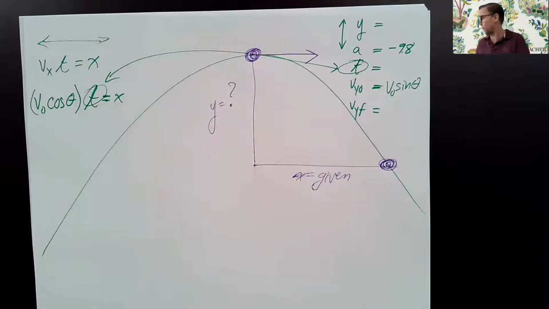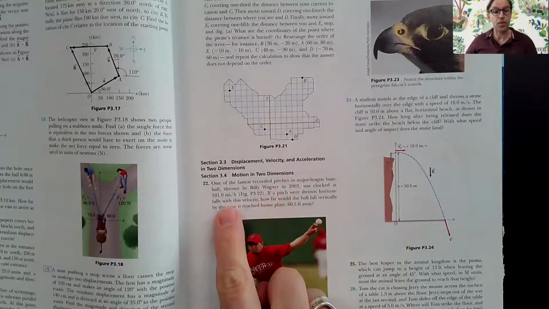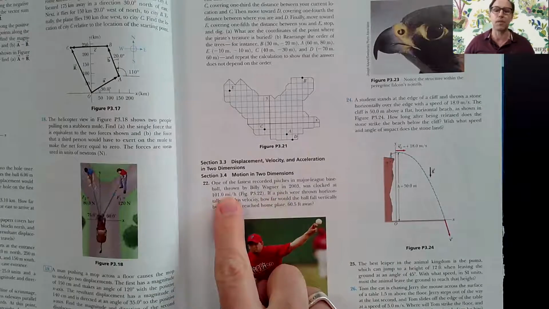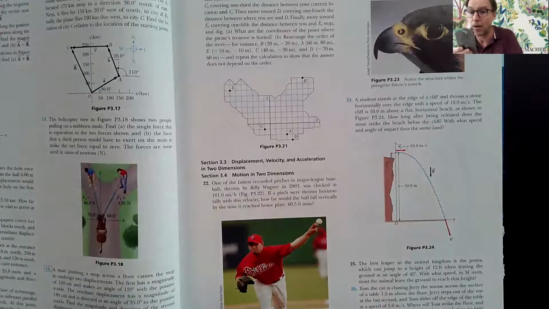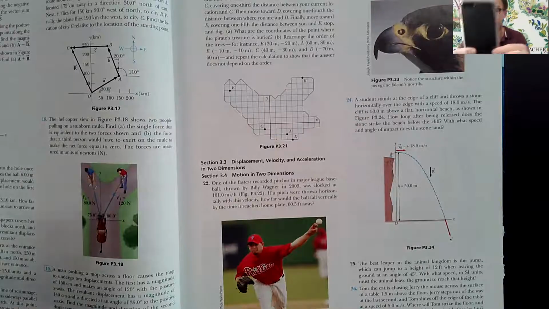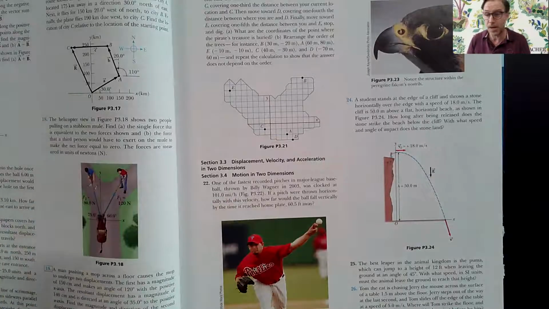The other thing that's important on this problem is that they gave you original information in what I call stupid units, 101 miles an hour. Don't worry, just say to Siri, convert 101 miles an hour to meters per second. That would be 45.15 meters per second. That wasn't hard, right?